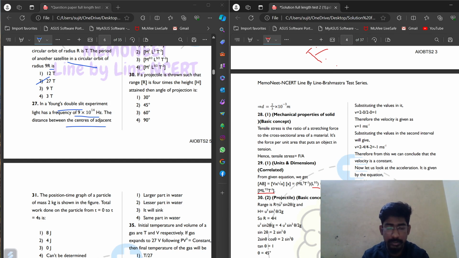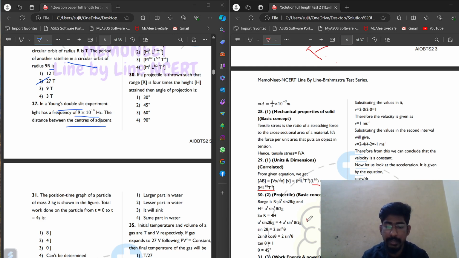So here you have to say that R equals 4H. Put the formulas in place of R and H, and you will get that theta equals 45 degrees, right?